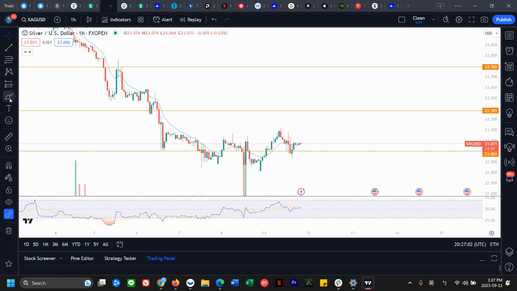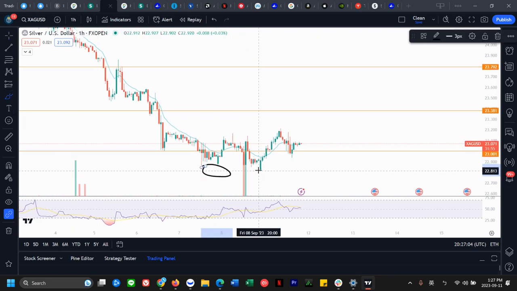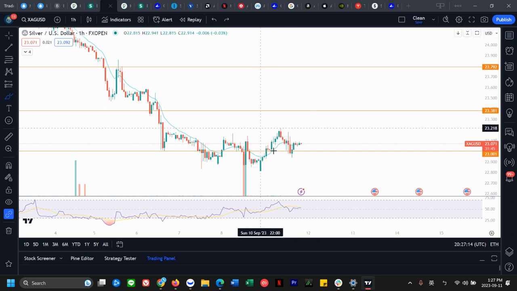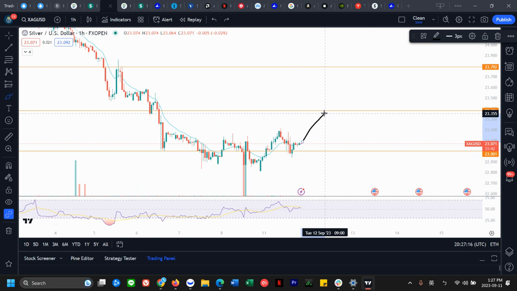This is the first time we're getting an initial move. So we got a double bottom and an initial move big enough where now, if we can break above today's high, we'll get an hourly trend change to the uptrend. If that happens, then we'll probably get a little bit more follow through to the upside back to 23.3 and 23.8 zone.